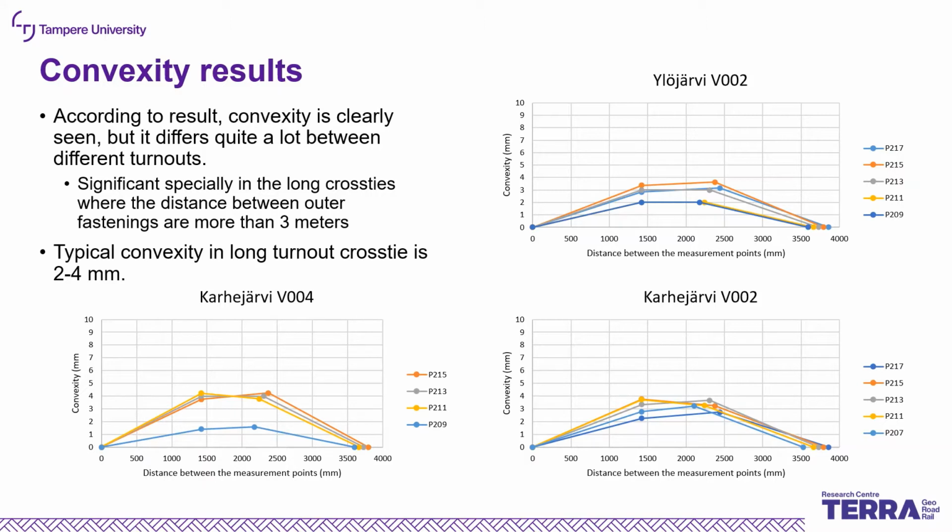So underneath the crossing nose, the length of the crosstie is approximately 4 meters. These sleepers are a little bit before the crossing nose, and the convexity before the crossing nose can already be 4 millimeters.